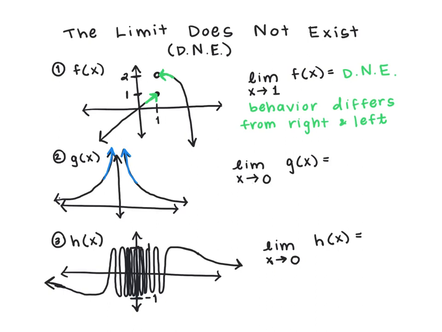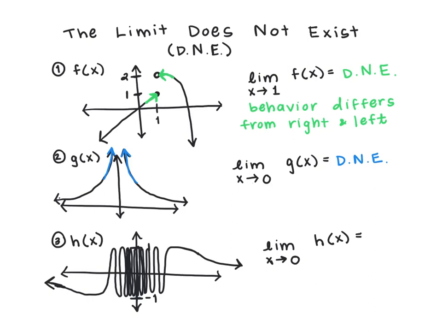Now for the limit to exist, my function has to be approaching a finite value. Here we see that my function is not approaching a finite value, it's going off to infinity. So here again we say that the limit does not exist.